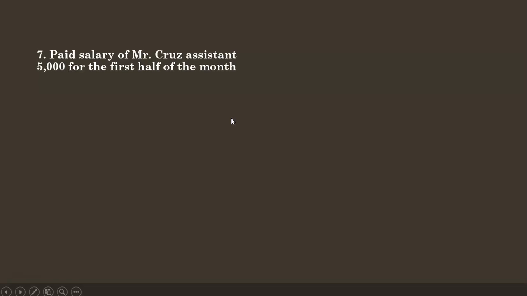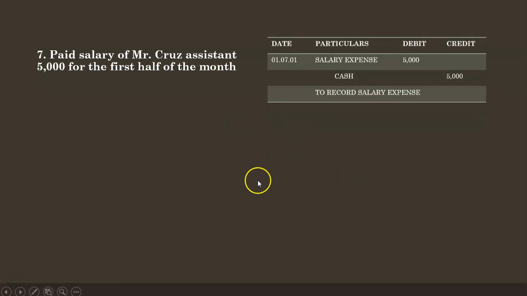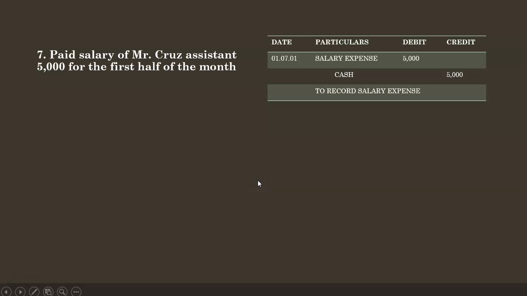Let us try transaction number 7. Paid salary of Mr. De La Cruz, assistant, 5,000 for the first half of the month. So, let us check the journal entry for this transaction. Here we go. We have here the date, January 7, salary expense, of course, and debit 5,000, credit cash 5,000.